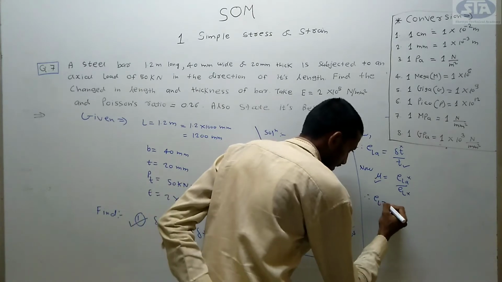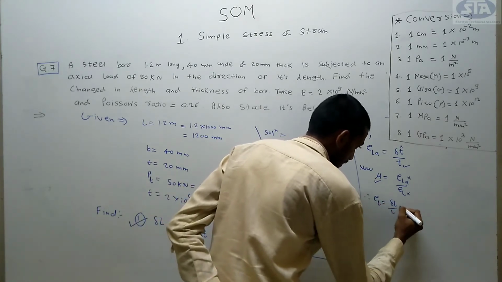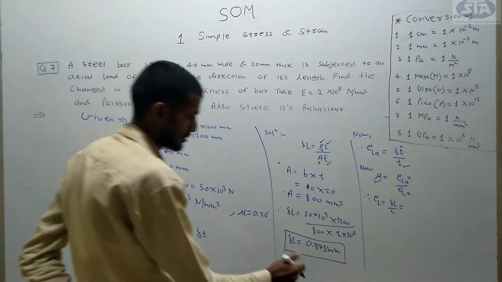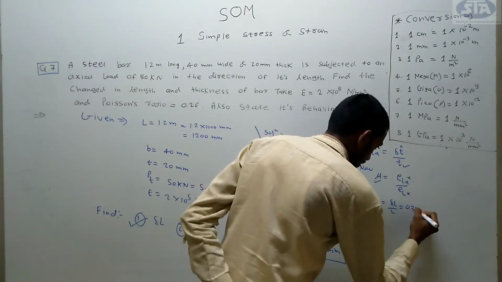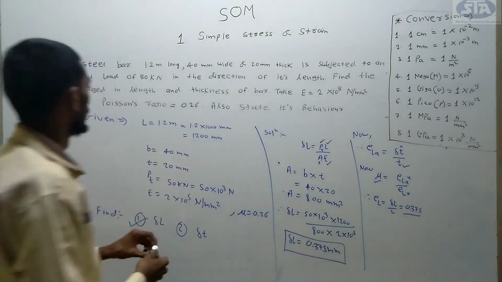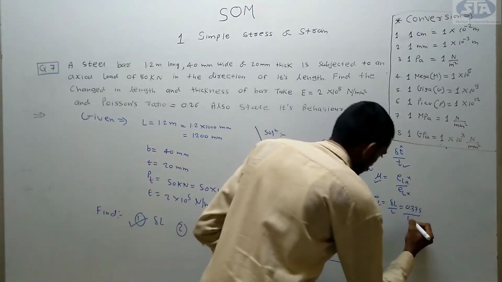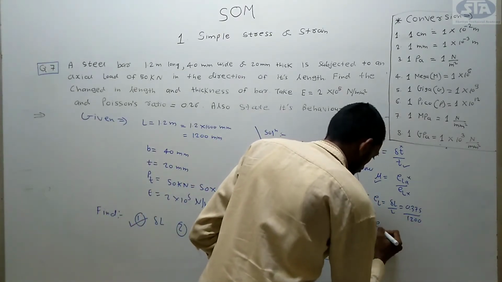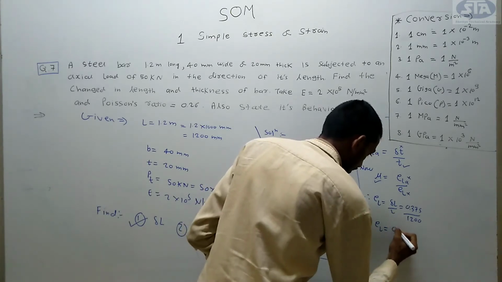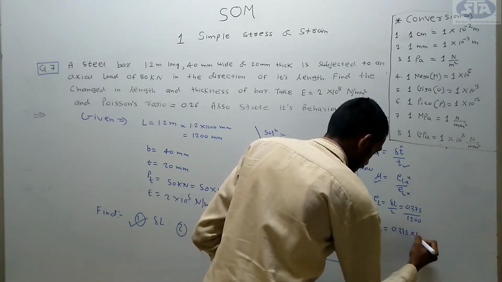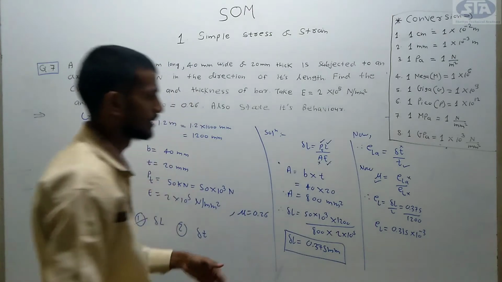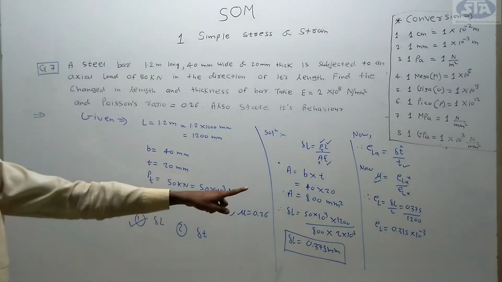Linear strain is equal to change in length upon original length. Change in length is given as 0.375 divided by original length, which is 1200. Linear strain is 0.3125 into 10 raised to minus 3.